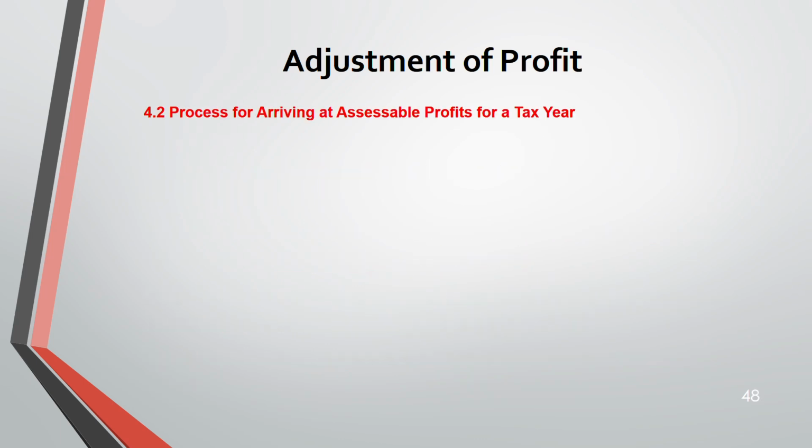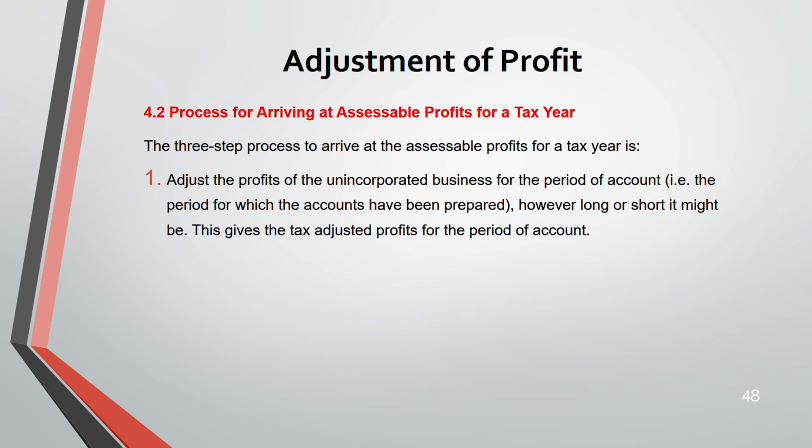Now, what is the process for arriving at assessable profit for a tax year? There are 3 steps, and you have to follow this order. First, you adjust the profit of your sole trader for the period of account. It can be short, it could be long. Then you get your tax adjusted profit.